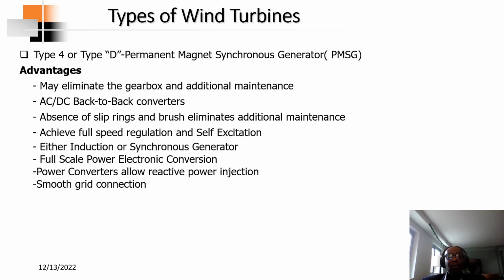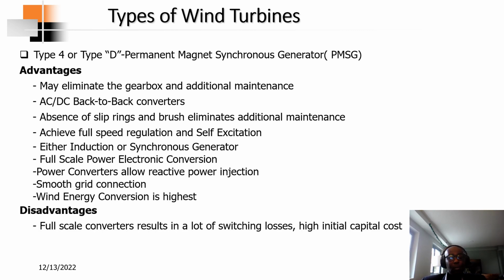It allows both active and reactive power exchange with the grid. Like I made mention about the disadvantages, because of the full-scale converters it results in higher switching losses, the initial capital cost can also be high, and also high harmonics.